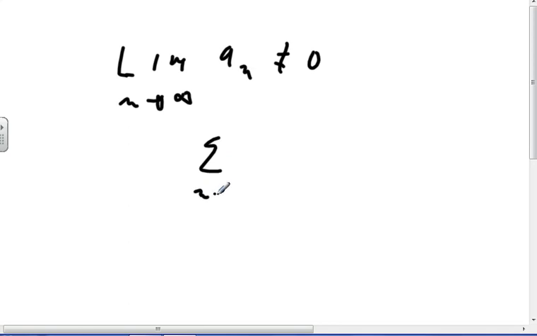So now, how do I tell that? Well, if I have a series and I have the limit as n goes to infinity of a_n, and if that's not equal to 0, so this guy's not getting smaller, then I say the series of a_n diverges.